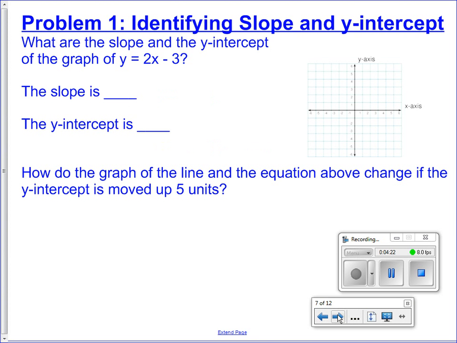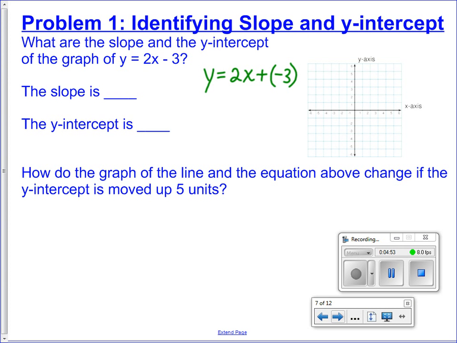All right, so let's look at problem number 1. Identifying slope and y-intercept. What are the slope and the y-intercept of the graph of y equals 2x minus 3? All right, I'm going to rewrite this equation as an addition sentence. So 2x minus 3 is the same as 2x plus negative 3.